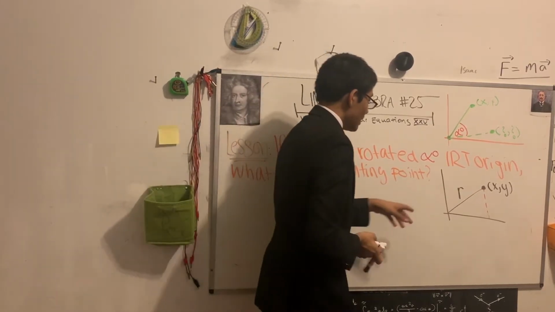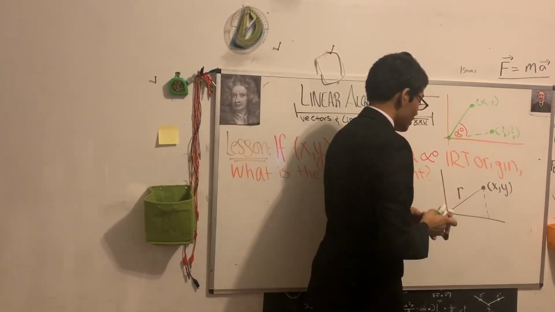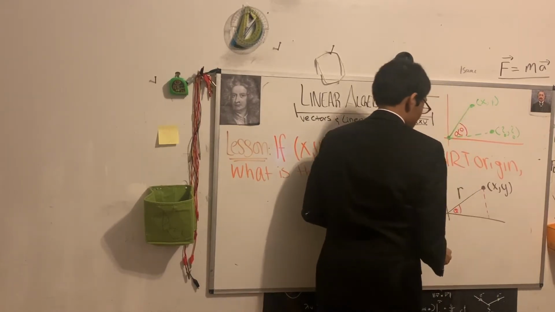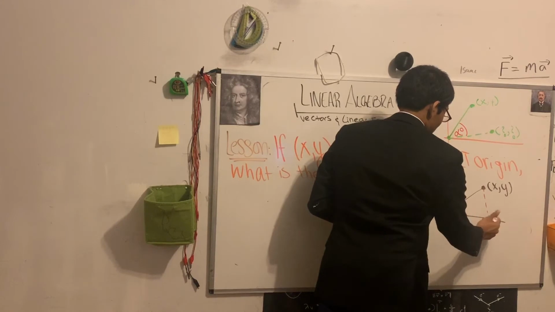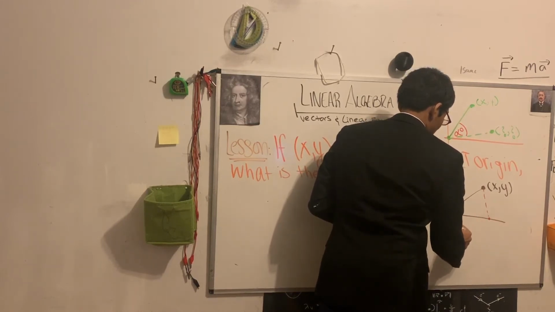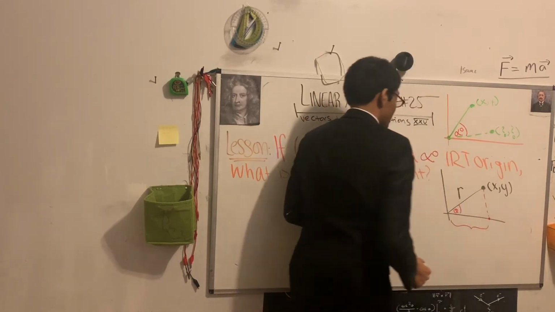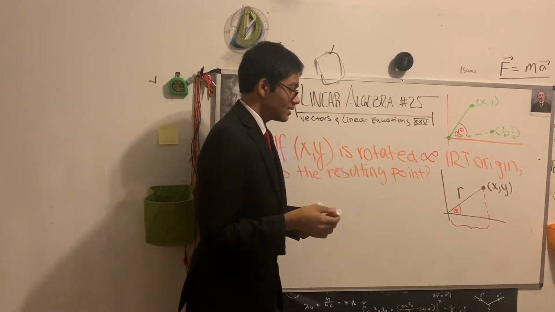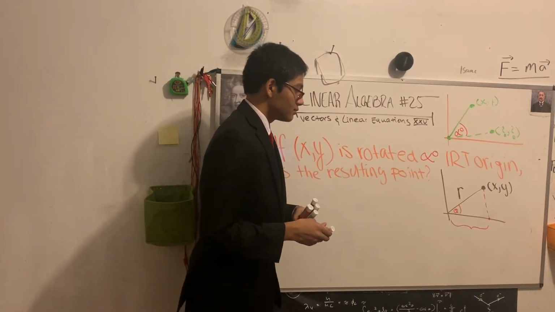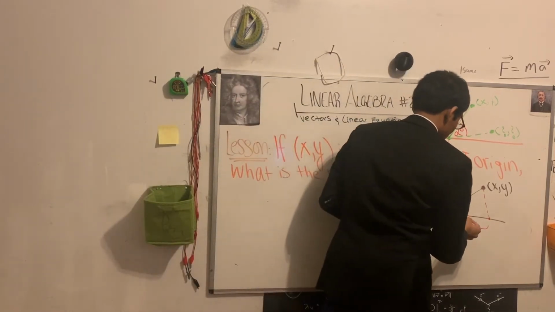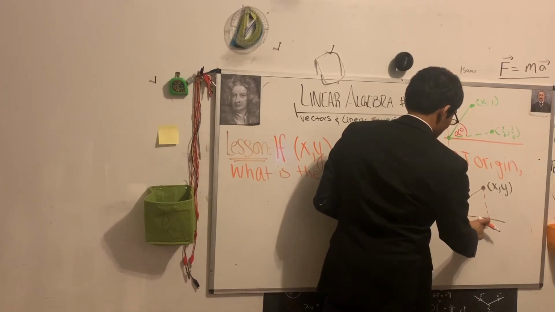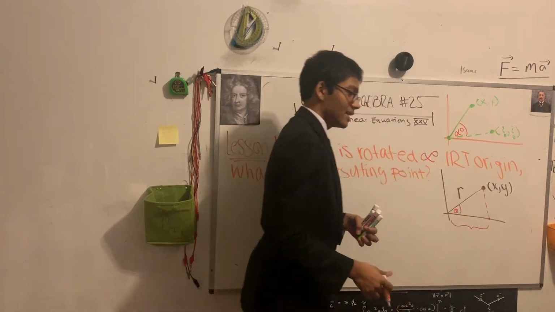Okay, so this is r, and maybe I can call this theta. How can I express this leg right here in terms of r and theta? Do we have any ideas? In terms of r and theta, how can we express this leg?